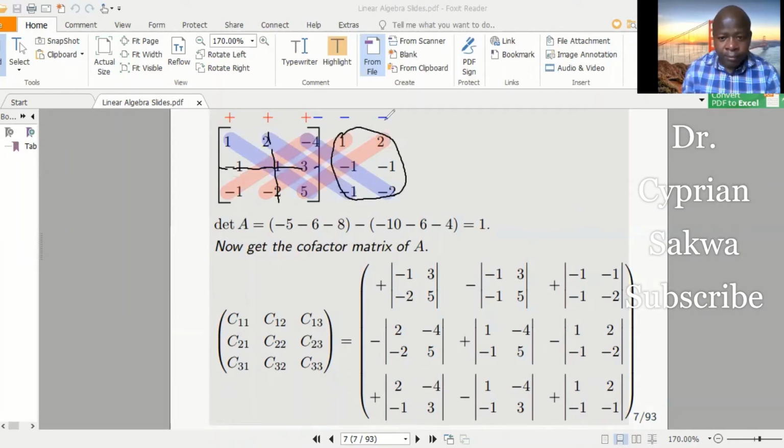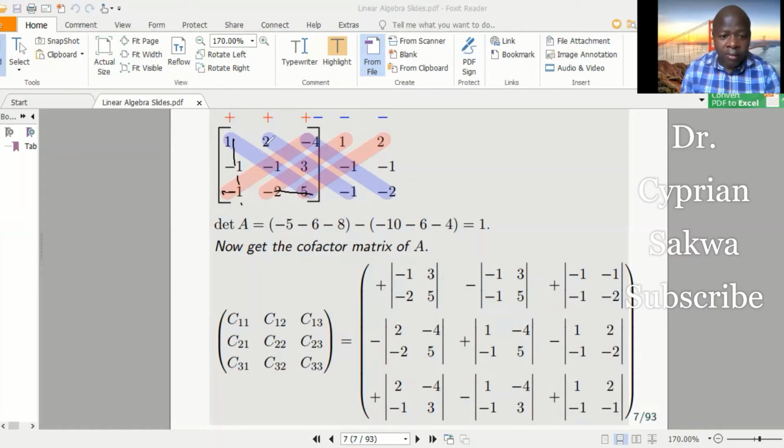Then the next element is this, delete its row and its column. The matrix that is left is 1, 2, -1, -2, and the sign is positive. Remember, the signs were alternating. And so let's now go to the last row. For this element, delete the row and then the column.